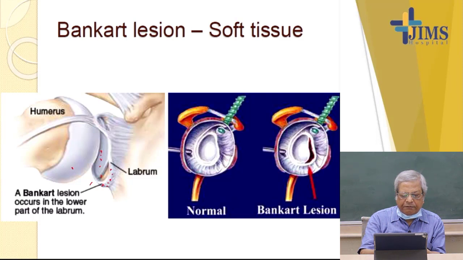This remains fixed to this bony edge of the glenoid, but due to the violent trauma, when the humeral head comes anteriorly, the labrum gets detached. This is what is called a Bankart lesion. This is a Bankart lesion.